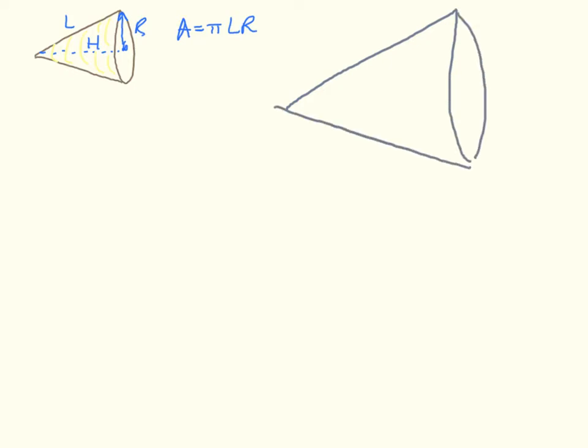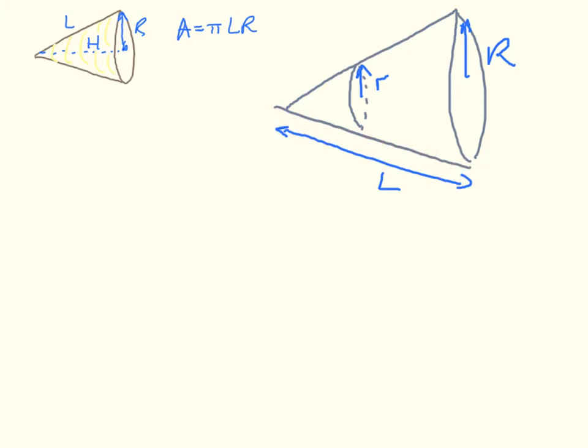I'm going to give it the same lengths, capital R, and this distance is going to be capital L. And what I want to do is chop a slice off through it, and that's going to leave me with a circle at the top because the slice is going to be parallel to the base. So we have a circle here and a circle here, and I'm going to choose to call the radius of this slice here little r.